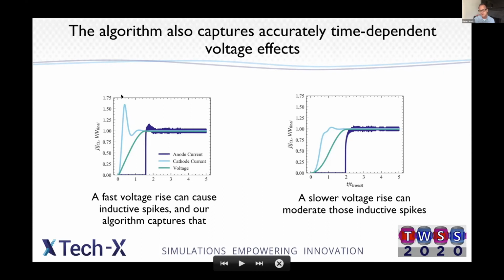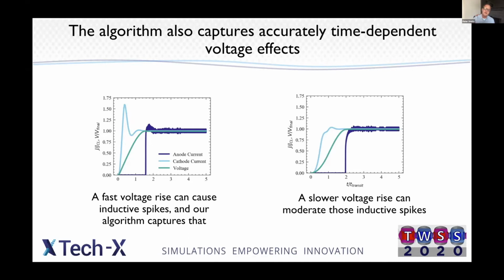Sometimes that can spike a little bit high because you're ramping the voltage quickly compared to a transit time. And the cathode takes a little bit of time to respond. But eventually, after, again, 2 to 3 transit times, it settles in nicely and you get a nice steady value.